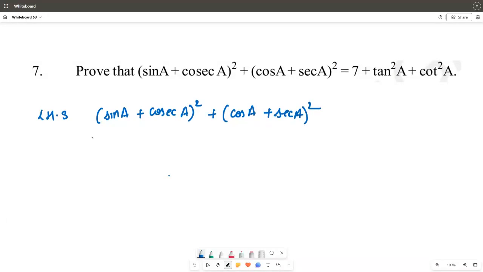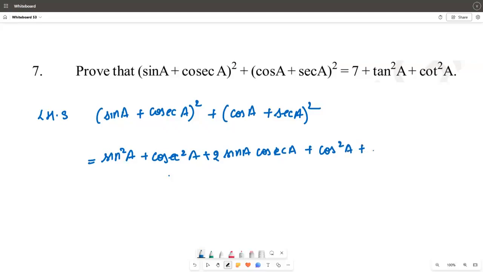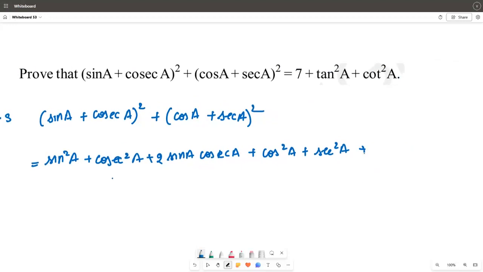We're going to expand this. (a + b) whole square equals a square plus b square plus 2ab. I'm going to open the second one also, (a + b) whole square. So this will be cos square A plus sec square A plus 2 into cos A into sec A.